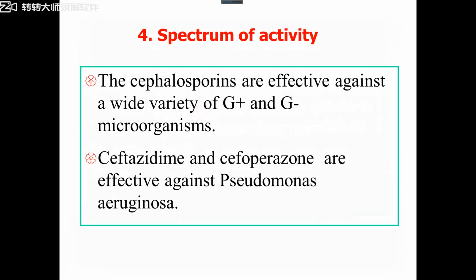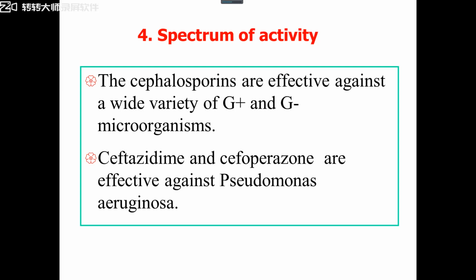The first one, just now we divided cephalosporins into four generations. The cephalosporins are effective against a wide variety of gram-positive and gram-negative microorganisms. So the antibacterial spectrum is broader, wider than penicillin.